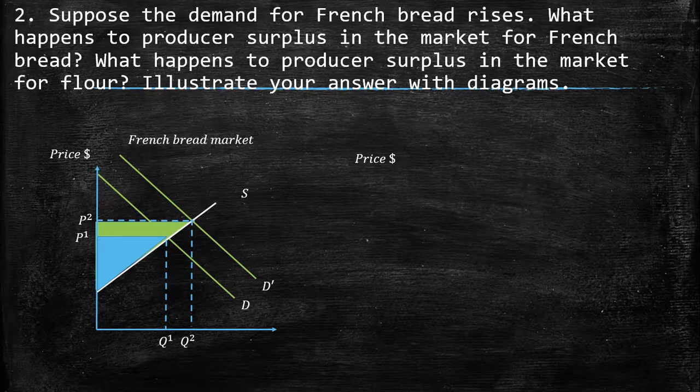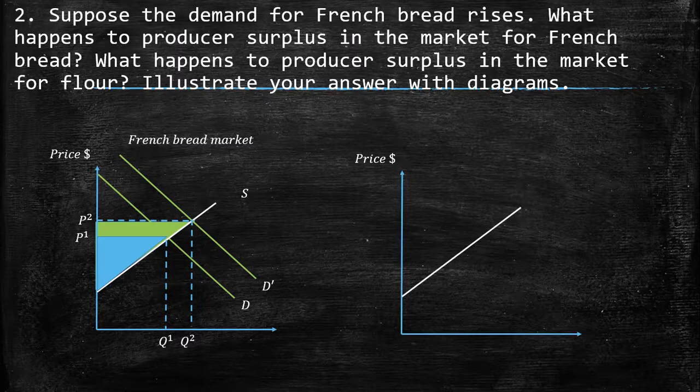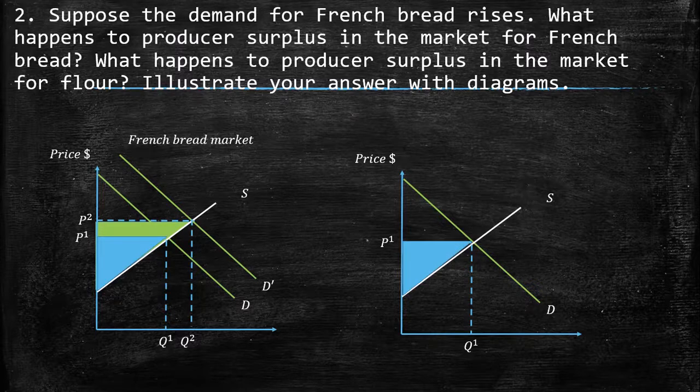So now we have to think about the flour market. Here we have the initial condition where the market determines the price and quantity at the level of P1 and Q1, where supply and demand are exactly the same. Here is the initial producer surplus.